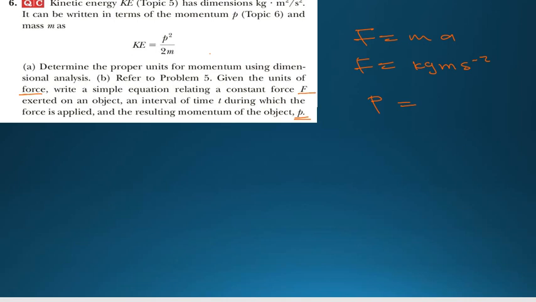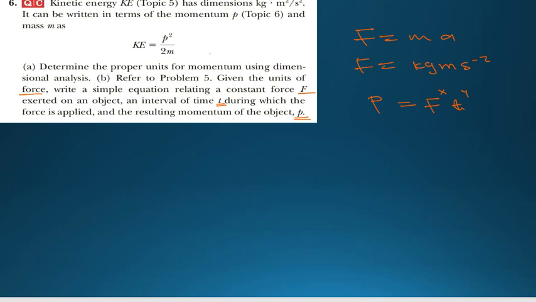I've been given force and the time interval. So I'm going to say force, raised to a certain power, in this case I'll say the power x, and our time is going to be raised to the power y.